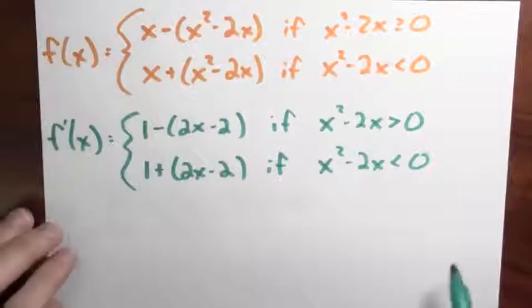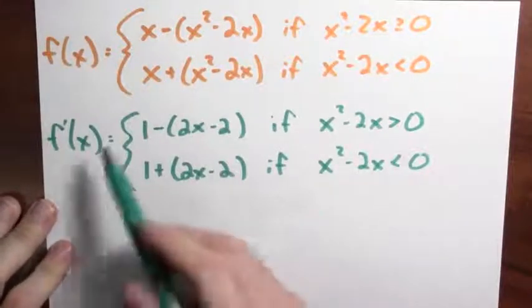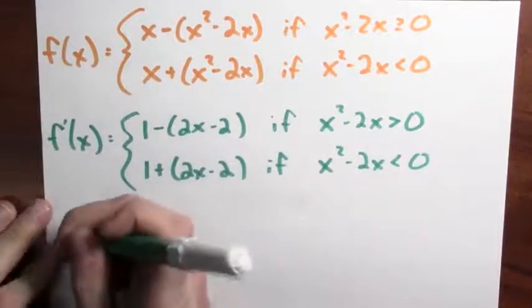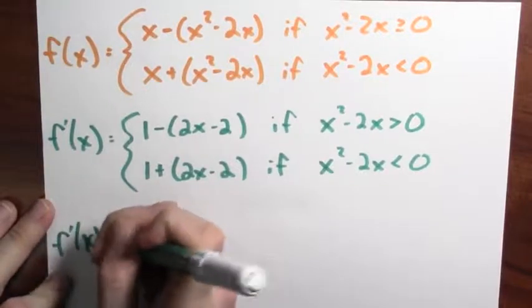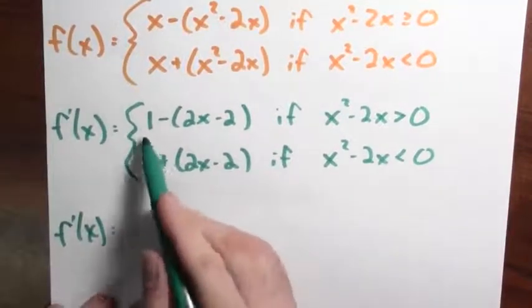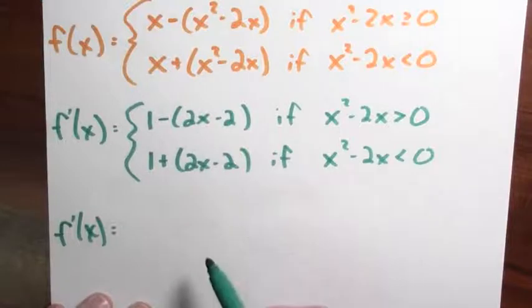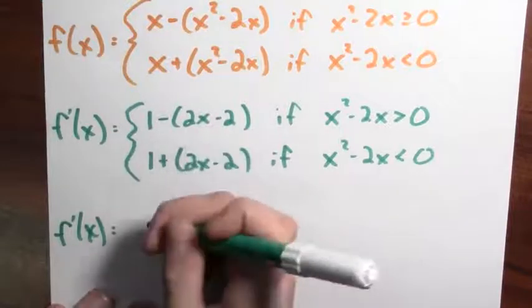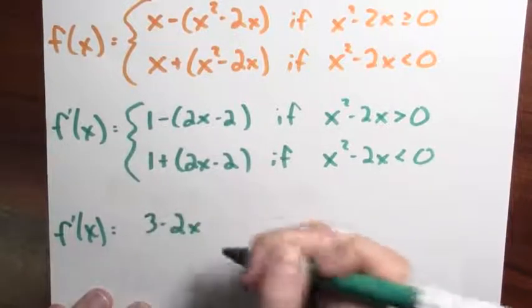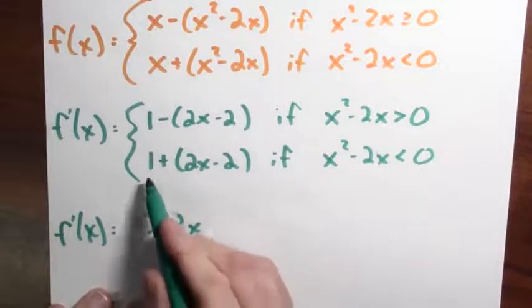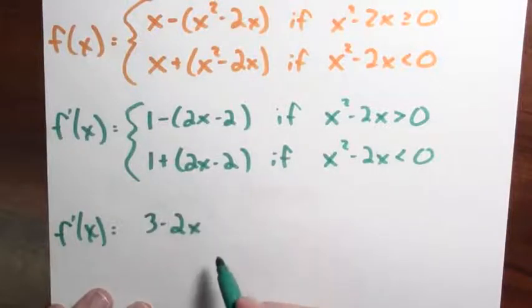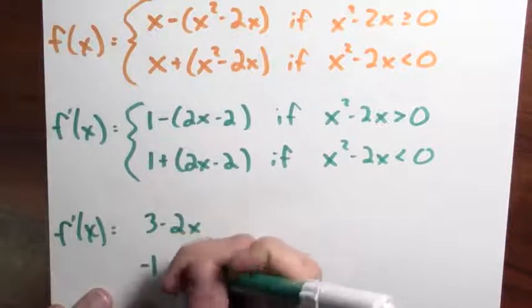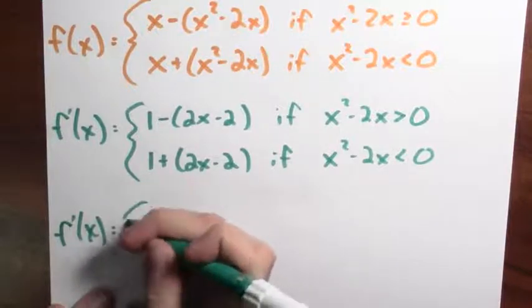Now, to simplify our hunt for the critical points, I can rewrite f prime a little bit to make it easier to see what's going on. Well, 1 minus 2x minus 2, that's the same thing as 3 minus 2x. And 1 plus 2x minus 2, that's the same thing as minus 1 plus 2x.